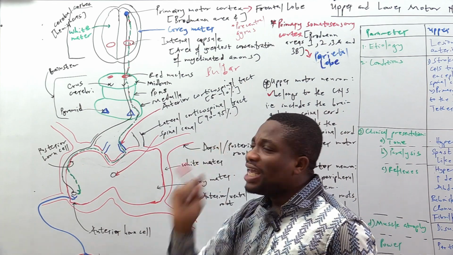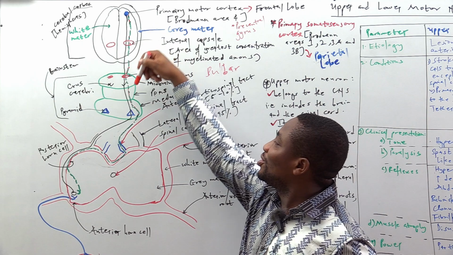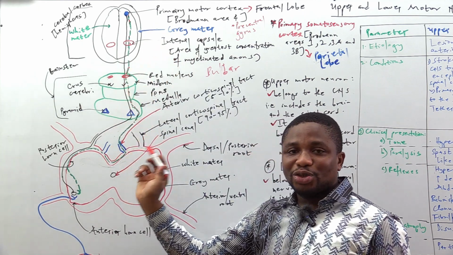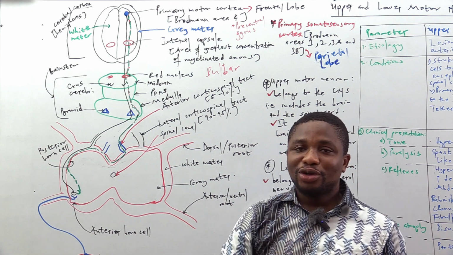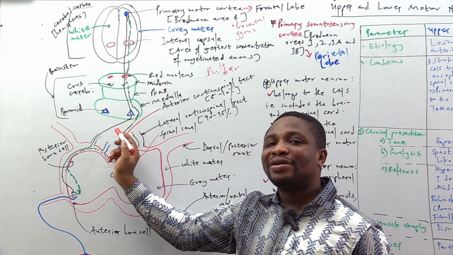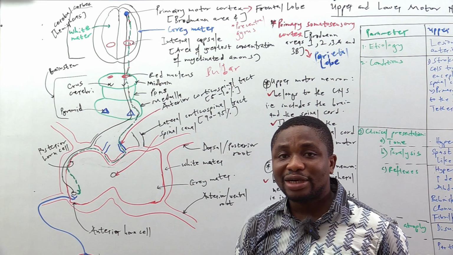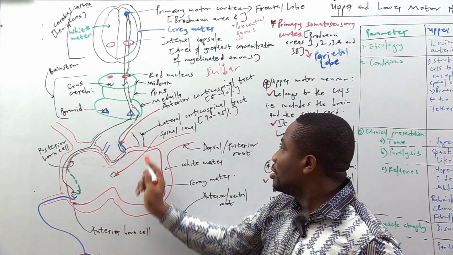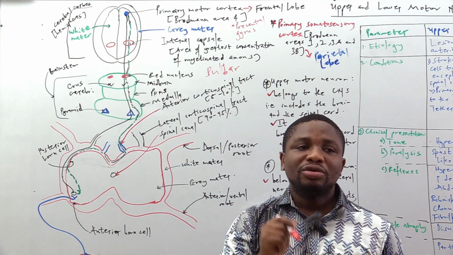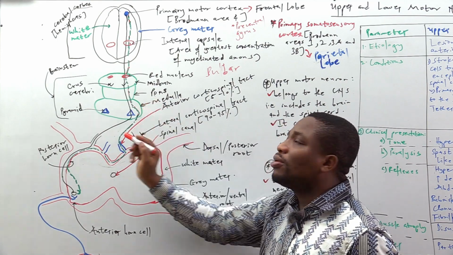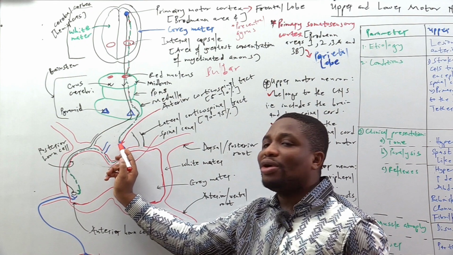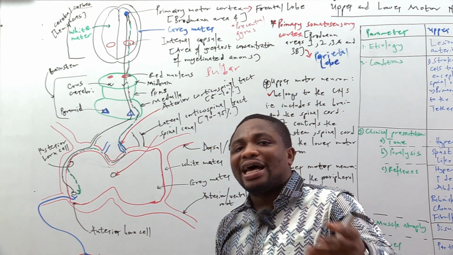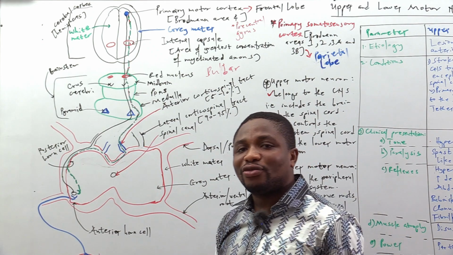Now, if you take a motor neuron or a tract moving external to the pyramid, then they do not decussate at the level of the medulla. Where do they decussate? They will be decussating at the level of the spinal cord, meaning that those motor neurons or tracts will go through the anterior corticospinal tract, unlike those using the pyramidal pathway.